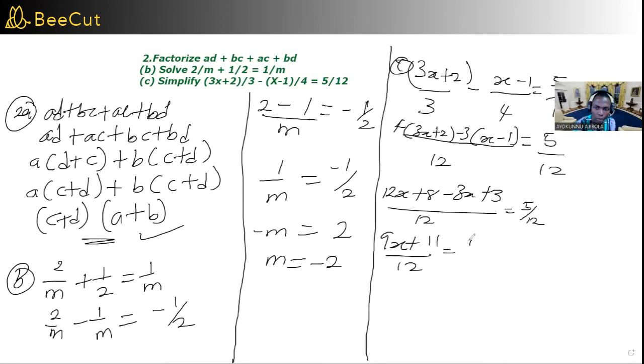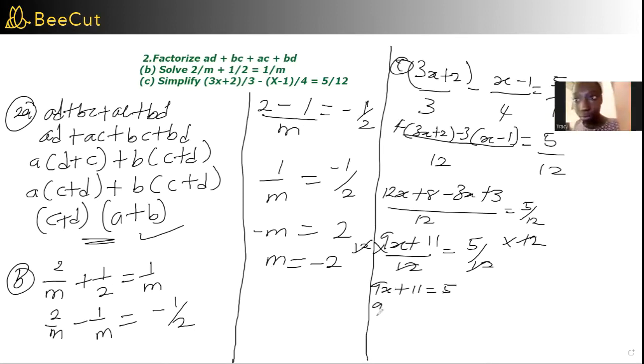Then I multiply both sides by 12, so 12 cancels 12 on this side, 12 cancels 12 on this side. So what remains here is 9x plus 11 equals 5.